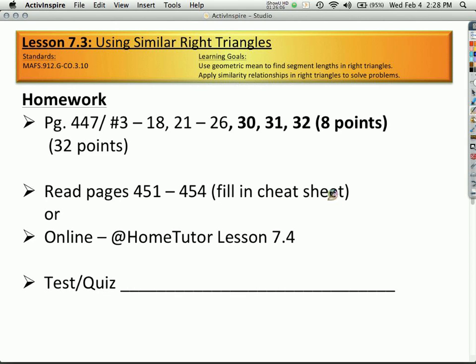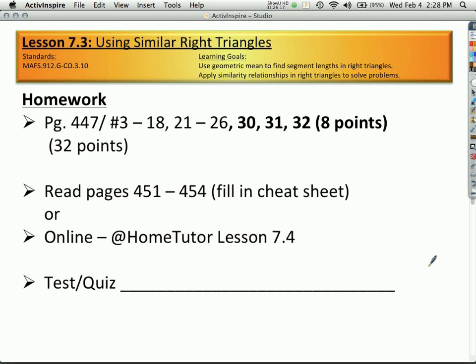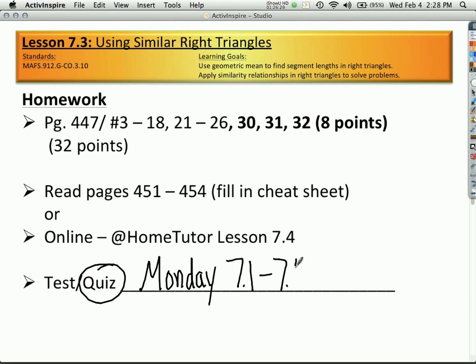You mark each one of those statements separately. That's a gift. That's to give you extra points so that you can get a better grade. And you're going to have a quiz on Monday. And that will be 7.1 to 7.4.